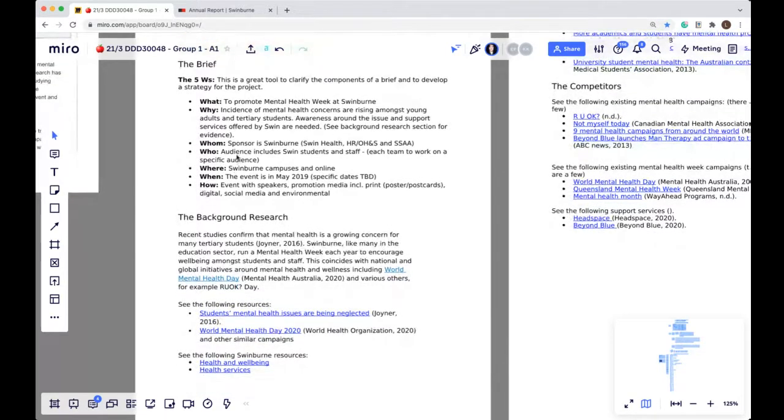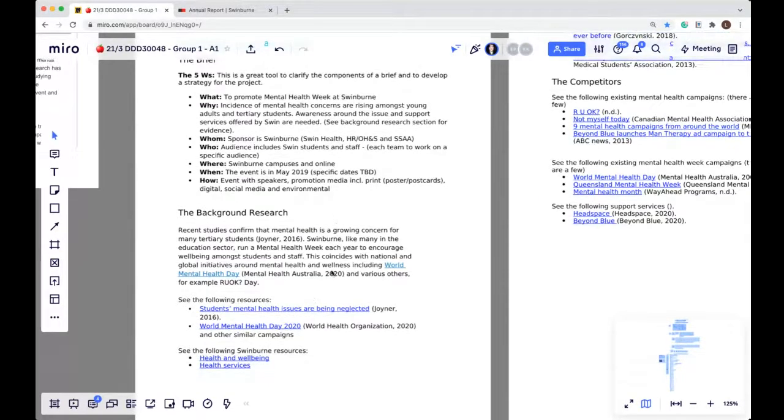Swinburne is the sponsor. Audience includes Swinburne students and staff, Swinburne campuses and online. When: the event is in May 2019, but obviously it will be 2022. The event is with speakers and promotional media, including print, posters, digital, social media, and environmental.